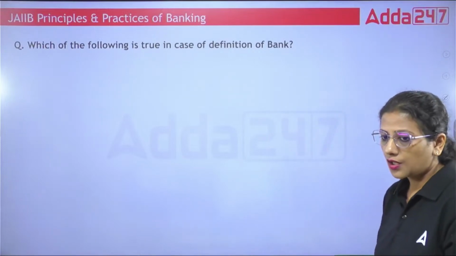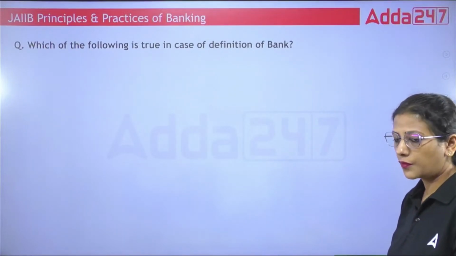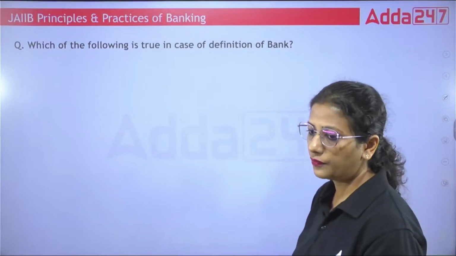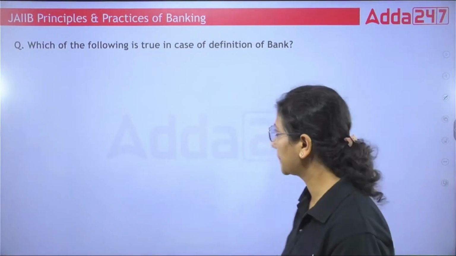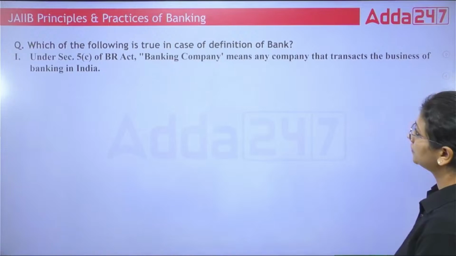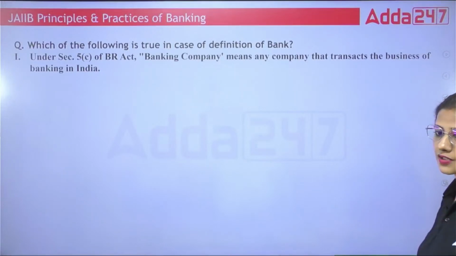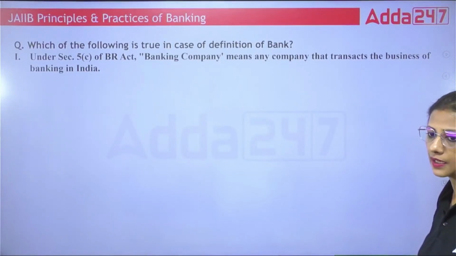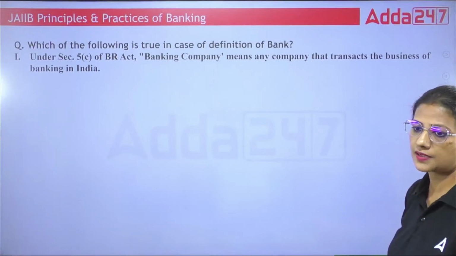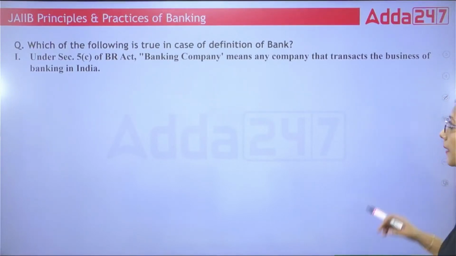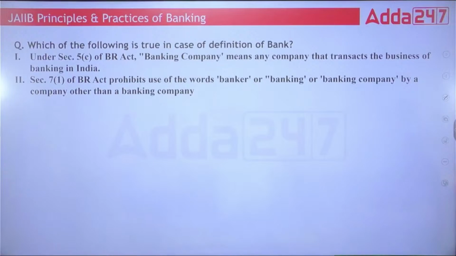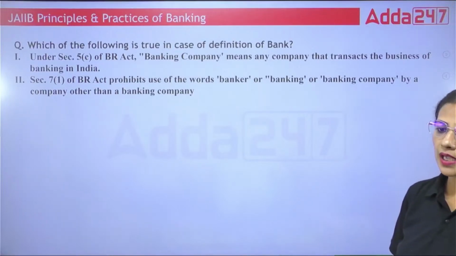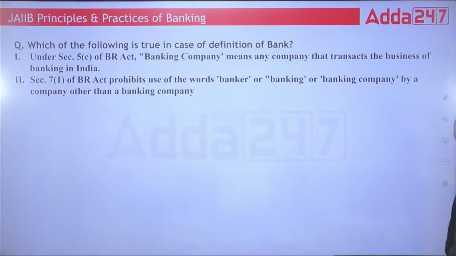Can you answer these questions? So the first question is, which of the following is true in case of definition of bank? First, under Section 5C of the BR Act, banking company means any company that transacts the business of banking in India. Section 7(1) of the BR Act prohibits the use of the word banker or banking company by a company other than a banking company.